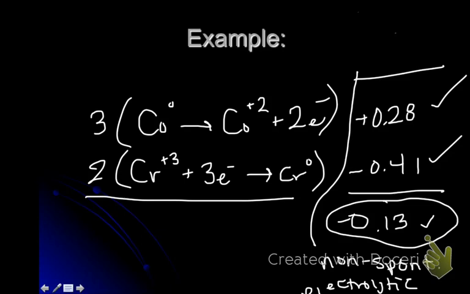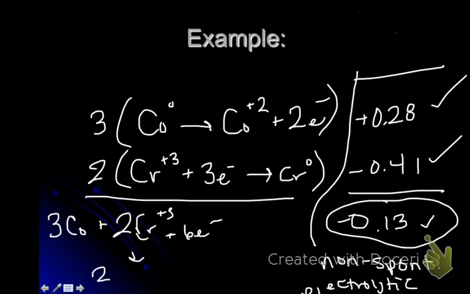So overall, here I would have 3 Co plus 2 Cr plus 3, and then of course my 6 electrons, making 2 Cr0 plus 3 Co plus 2 plus 6 electrons, and then those electrons would cancel. So I would still need to do that for the overall reaction, but it doesn't come into play when you're calculating your standard cell potentials from your standard reduction potentials.